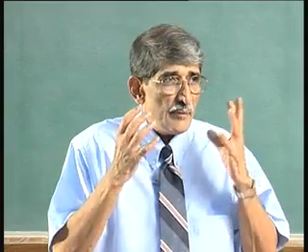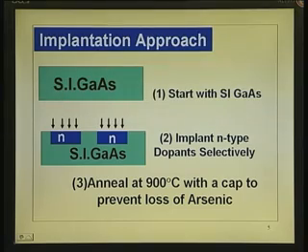Now, these bombarding atoms have knocked them out from the lattice. Now, to push them back to the lattice site, what should you do? You give some energy for them to go back to the natural site, that is thermal heating. So, you have to heat, in this case anneal, that is annealing at temperatures like 900 degrees centigrade to recover the damage and also to recover the dopants into the lattice site.